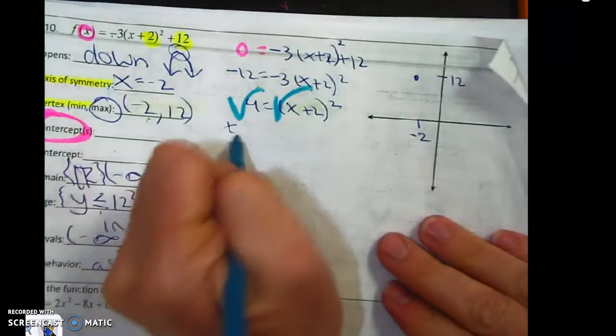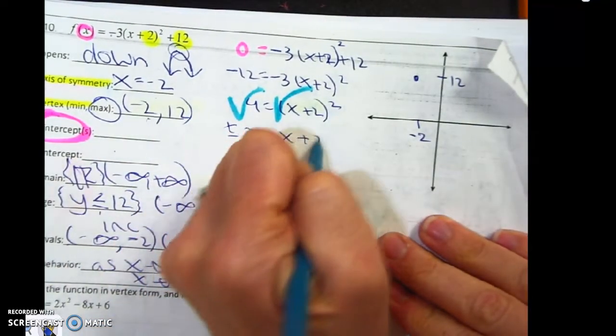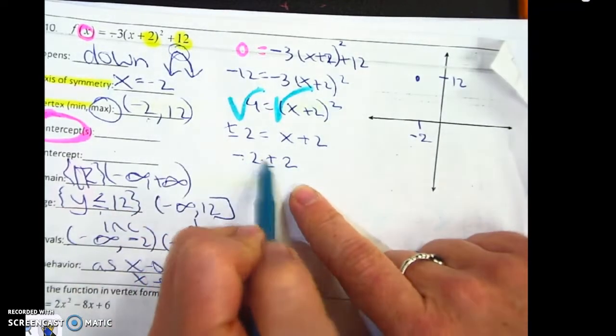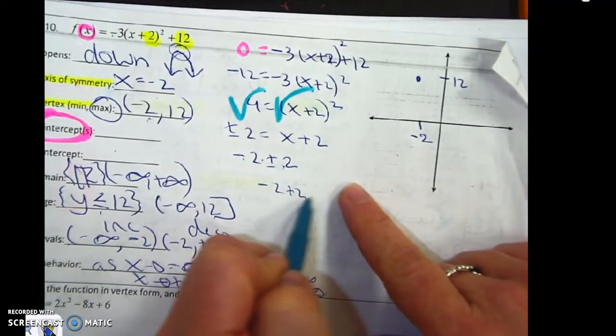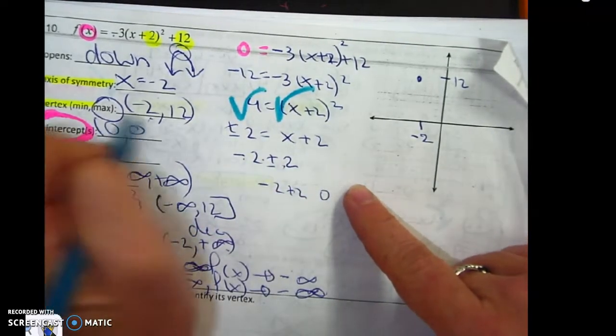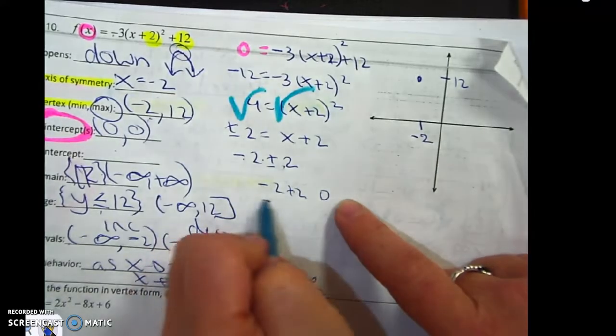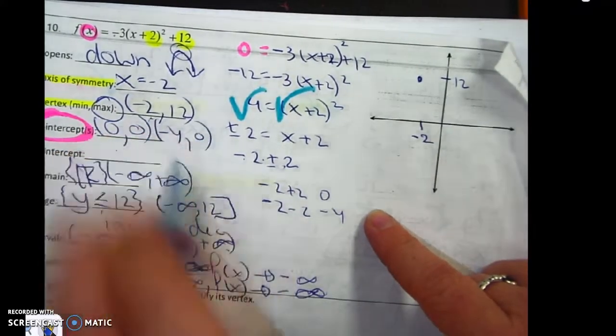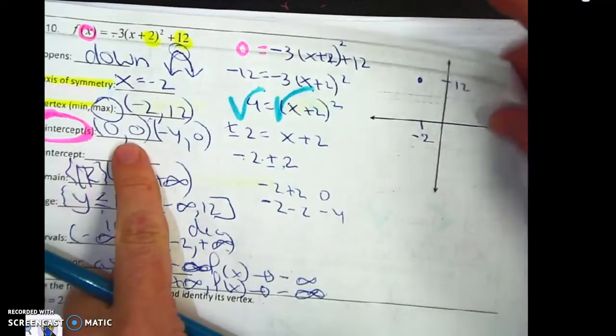Don't forget plus or minus because you need to have 2 answers. Last, subtract 2. So negative 2 plus 2 is 0: (0, 0). Negative 2 minus 2 is negative 4: (-4, 0).